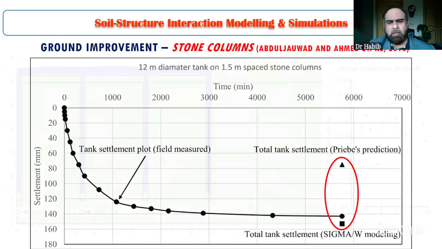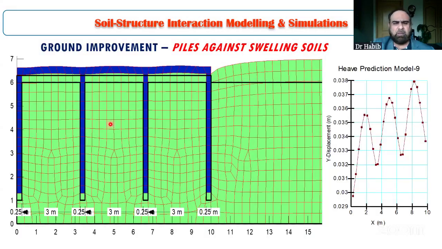Okay, the last one is one slide I'm presenting. This is related to ground improvement, one of the techniques when we are dealing with expansive clays or swelling soils, where we try to anchor the raft foundation, or the foundation of our structure, in the soil with the help of anchor piles.